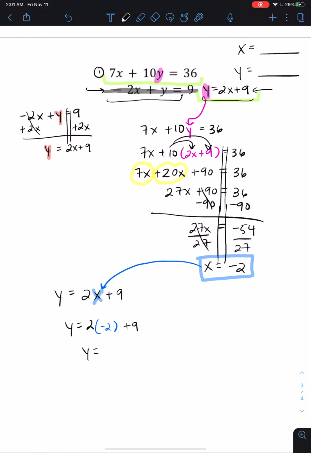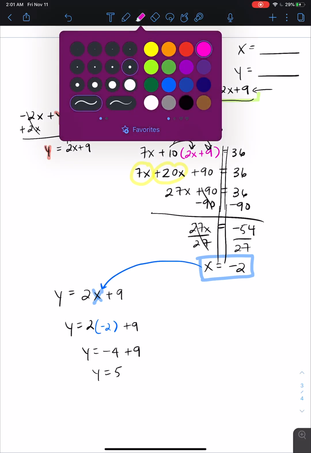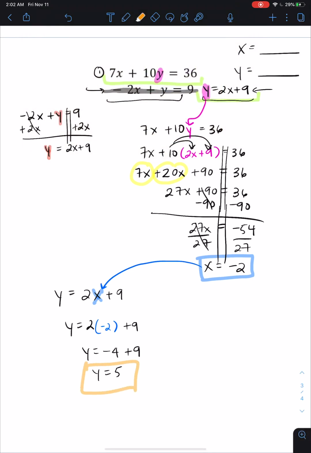So y is equal to negative 4 plus 9, and negative 4 plus 9 gives us 5. So we have both x and y. Now if I graphed both of these lines and saw where they intersected, the intersection point would be at negative 2, 5.